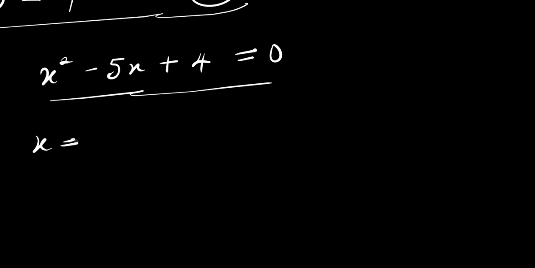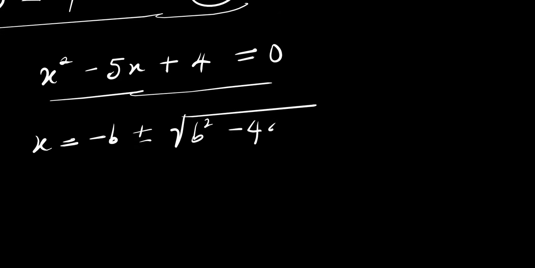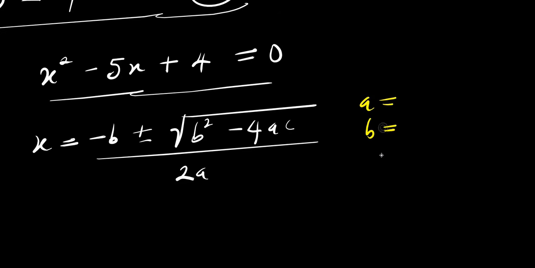I have x equals negative b plus or minus square root of b squared minus 4ac, divided by 2a. Now I'm finding the values of a, b and c. The x squared has 1 here, which is our a. This negative 5 is our b and 4 is our c.